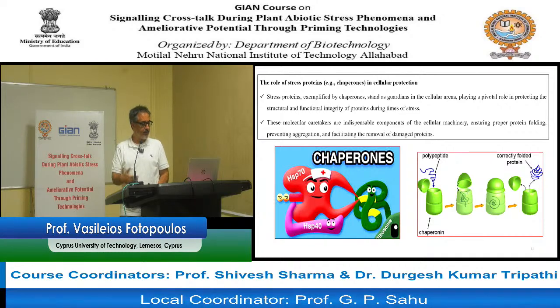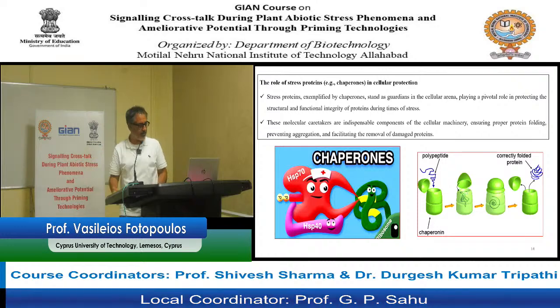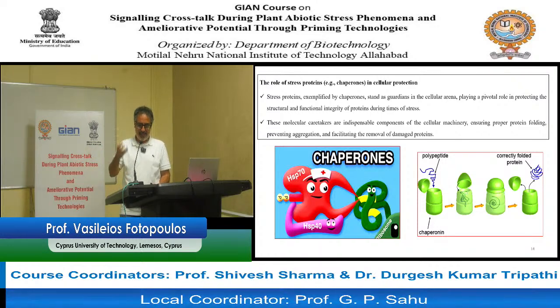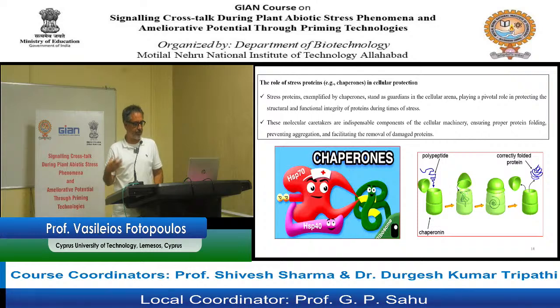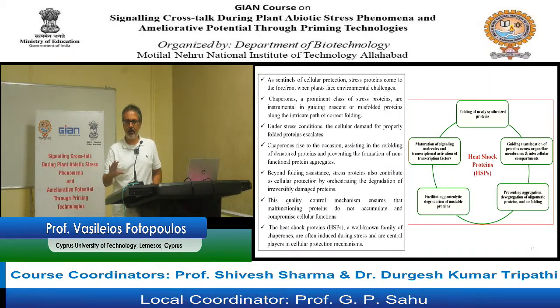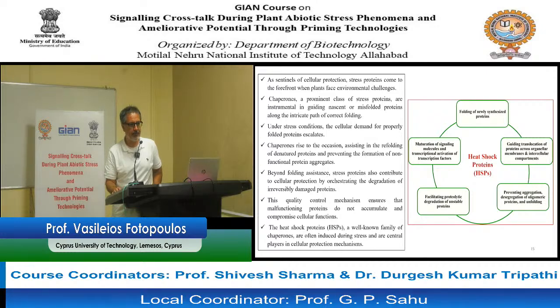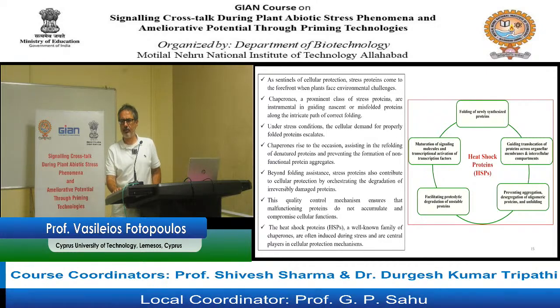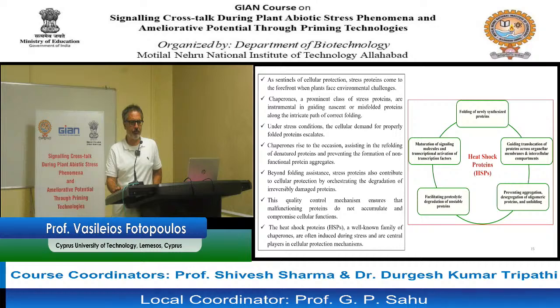And these molecular guardians are key components of the cellular machinery, ensuring proper protein folding, and the components that I mentioned before. HSPs are a huge family. I think in Arabidopsis it is represented by more than 40, 50 odd isoforms. So we're talking about a very complex network.